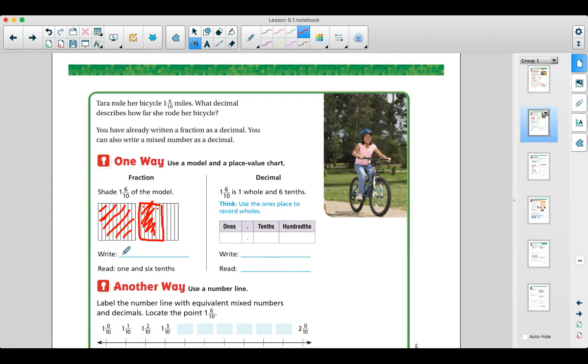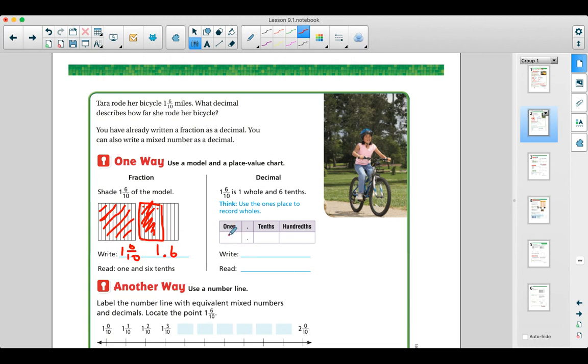So let's write it as a fraction, 1 6/10, or as a decimal, 1.6, because that 6 is in the tenths column. Okay. Let's use the place value chart to write 1 6/10. It's 1 whole and 6/10.